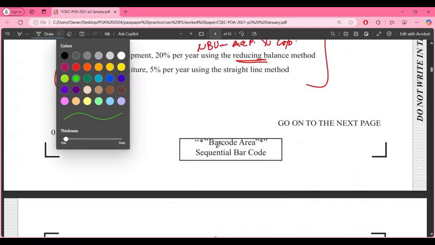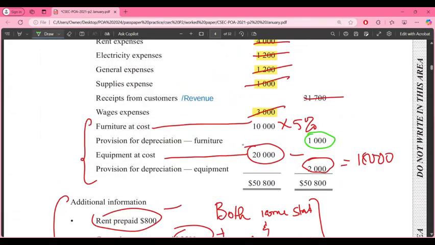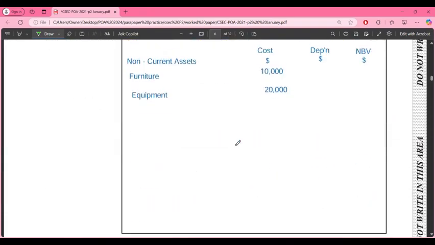So you can go ahead and identify the provision for depreciation and the current amount. For the furniture, the provision for depreciation is 1,000, and we calculated 500 for the current amount, so you'll get 1,500. Also for the equipment, it was 2,000 plus the 3,600 we calculated.